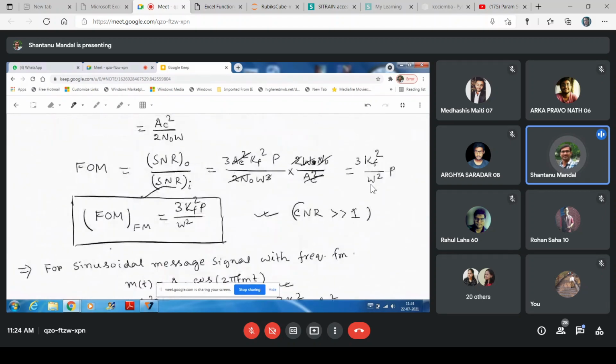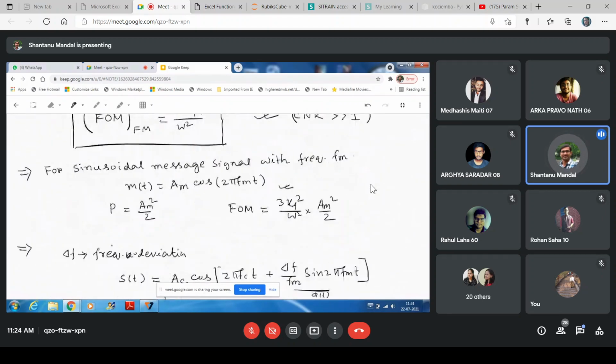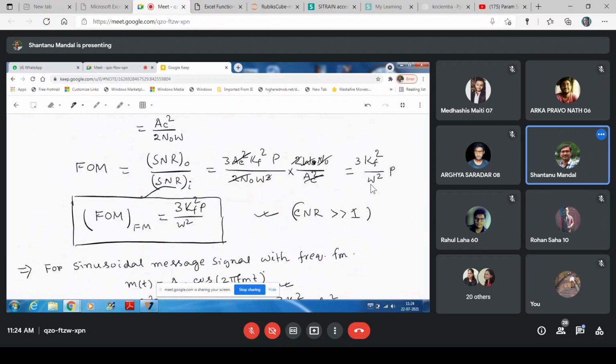So this is case 1, and at that time the FOM is equal to this. But when CNR is less than 1, that means the amplitude of the noise is more than the amplitude of the carrier signal, then what will be the phenomenon in this case?